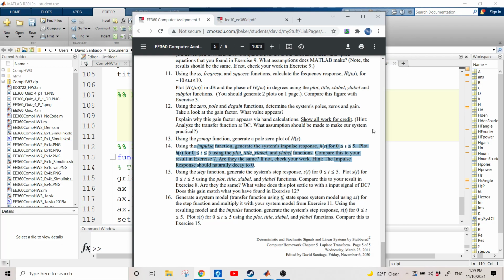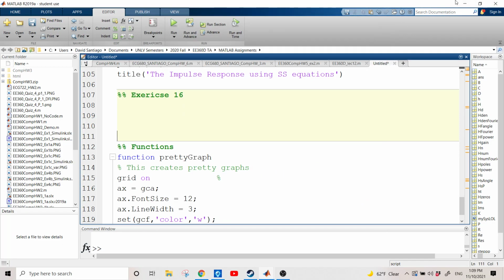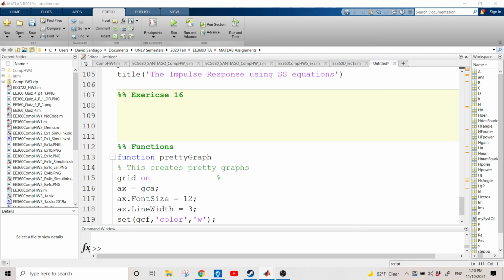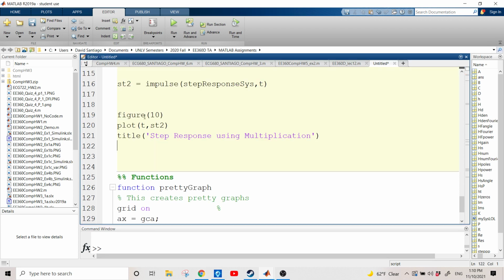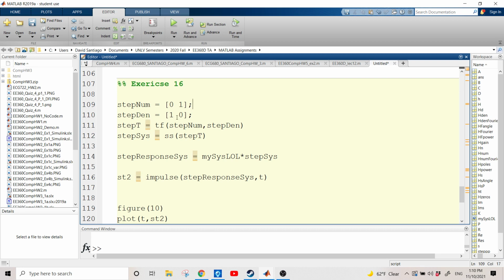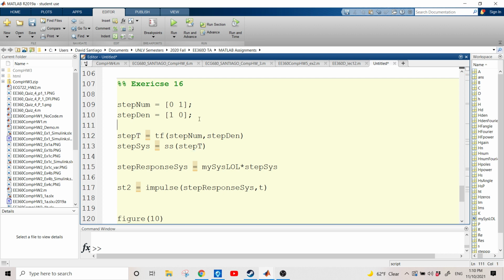Instead of all that painful math, we're going to do the following. You can do this. And here we go. Copy and paste. So right here, I created the actual equation for the unit step in the Laplace domain.